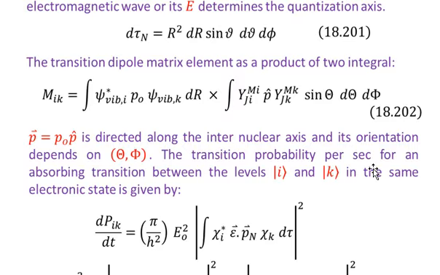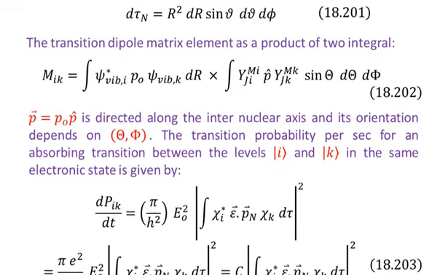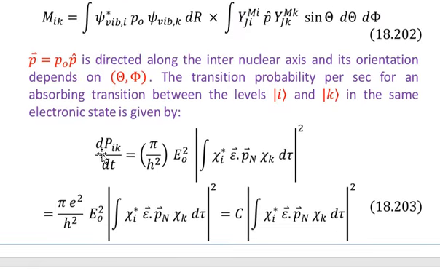The transition probability per second, that is the rate of probability, or the derivative of probability, for an absorbing transition between the levels i and k in the same electronic state, is given by dP over dt equal to π over ħ² multiplied by E naught squared, and then multiplied by the absolute square of this integral, which contains E dot p_n, where p_n is given by this expression.